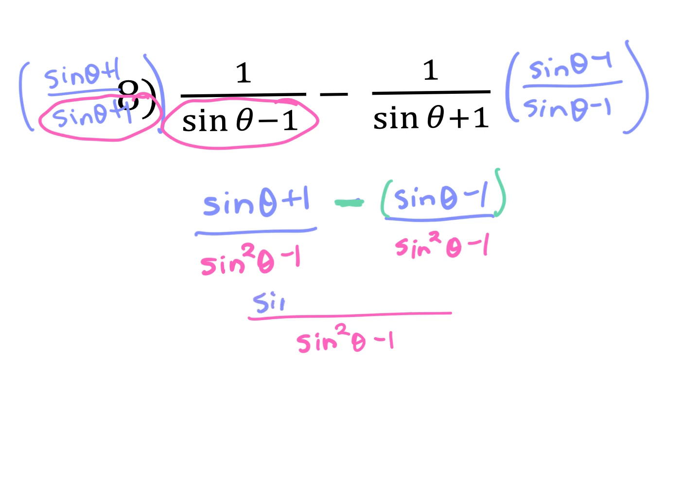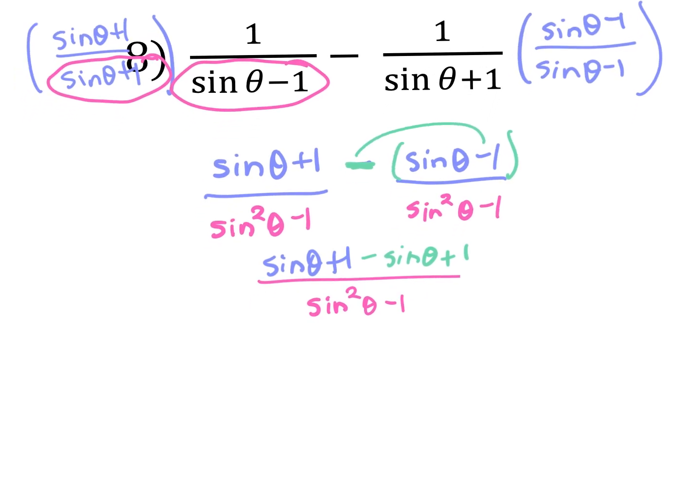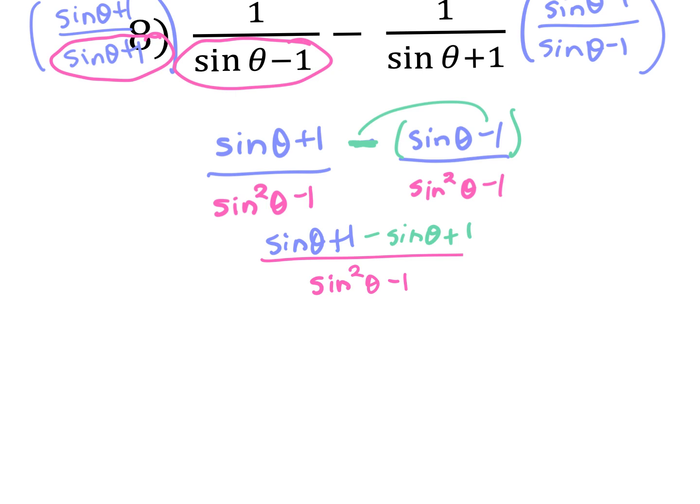So we're going to have this sine theta plus 1, and then this is going to be minus sine theta, and then minus a negative, so that becomes plus 1. Do you see that? Make a note about that distributing if you need to. All right, so the sines add to 0, and on the top we are just left with 2.